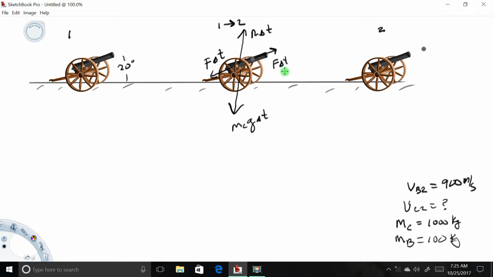These delta t's would be very small numbers in this example, a hundredth of a second, or probably something like a thousandth of a second. These forces, like this one right here, if we call this impulse F delta t, inherently this is some average force acting on that cannonball. Same thing here. This would be an average force acting on the cannon. All right. So my impulse diagram is basically done.